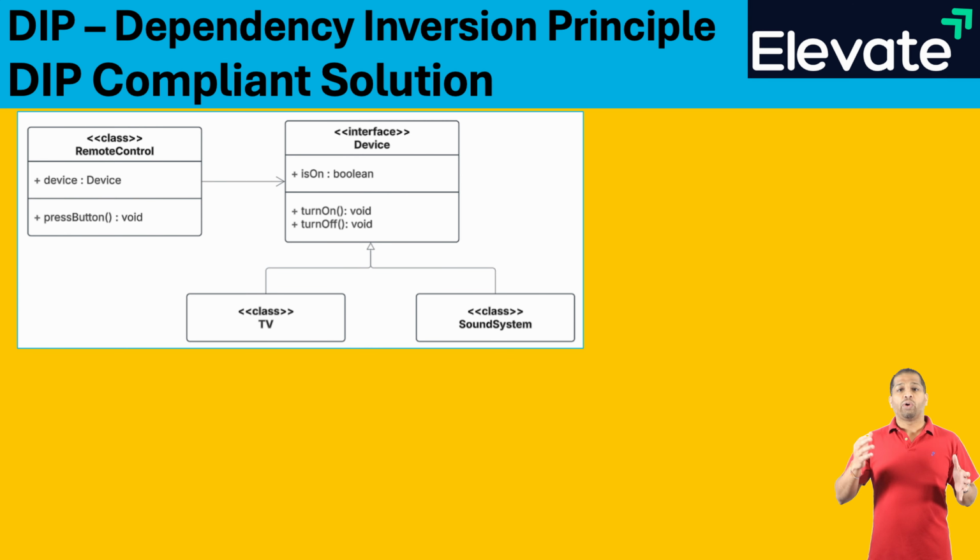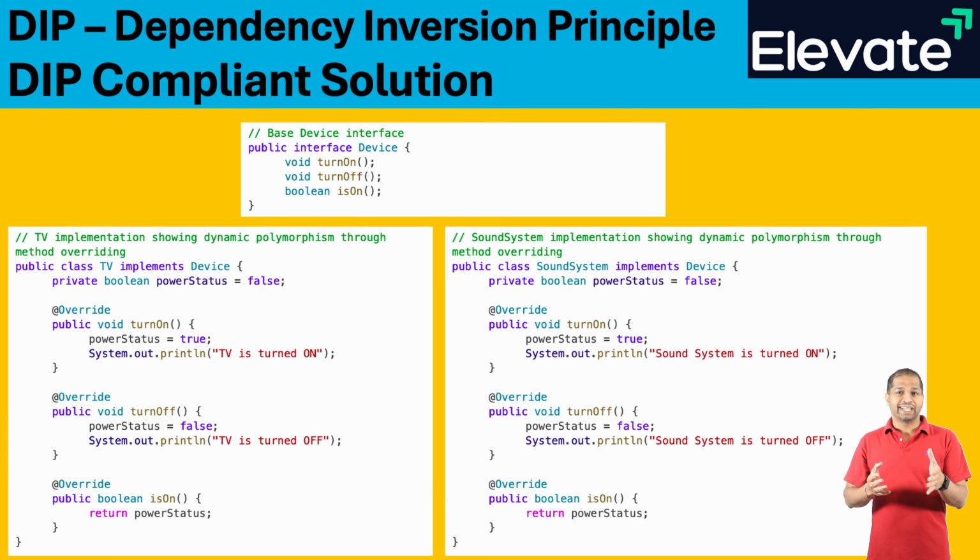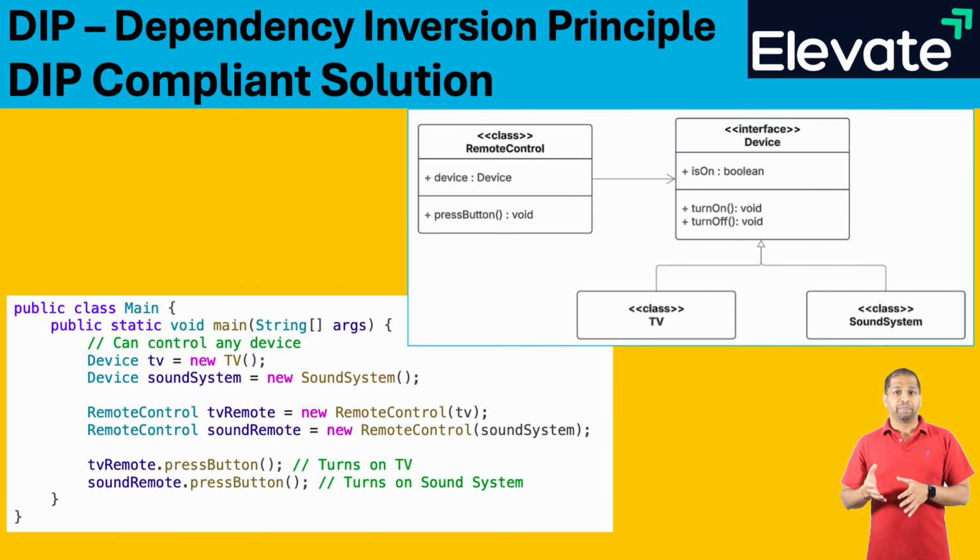Now TV or any other device such as sound system is depending upon device. So we have inverted the dependency, so high-level modules don't depend on low-level modules and they both depend on abstractions, which is the first part of the DIP, and details depend on abstractions, which is the second part of the DIP.